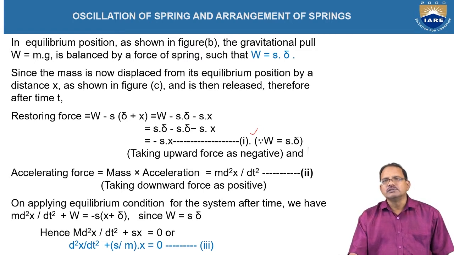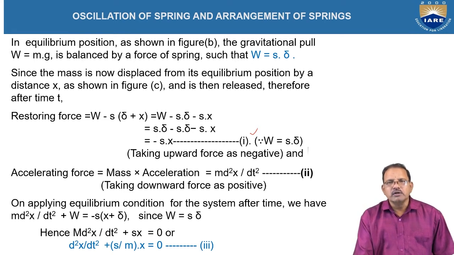The accelerating force is equal to mass into acceleration, which is given by m d2x divided by dt square. Applying the equilibrium condition for the system after time t, we have m d2x by dt square plus W is equal to minus S into x plus delta.